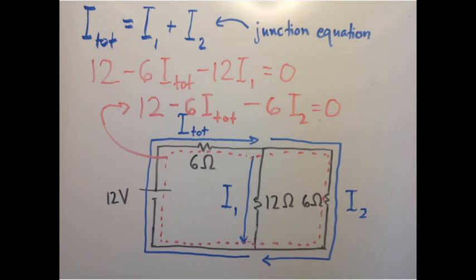Connect the dots before you move on, because everything hinges on understanding how to write junction equations and loop equations. If you can't do that, then you can't analyze a circuit. So seriously, stop and ponder and make sure that those make 100% good sense to you. If they don't, then spend some more time thinking about it.